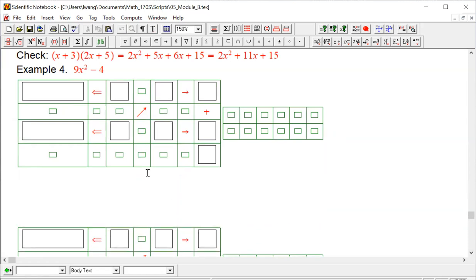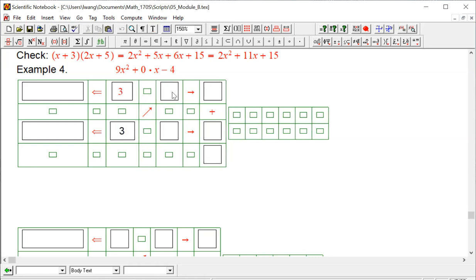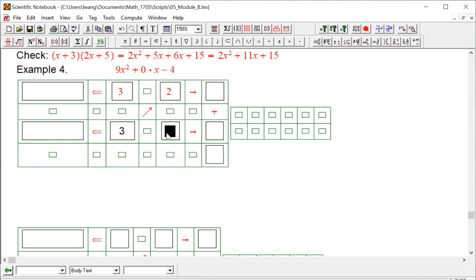Or if you're not sure about your special formula application, you can try this as well. So the matching term is going to be 0 times x. Okay, so 9 equals 3 times 3. Negative 4 is 2 times negative 2.